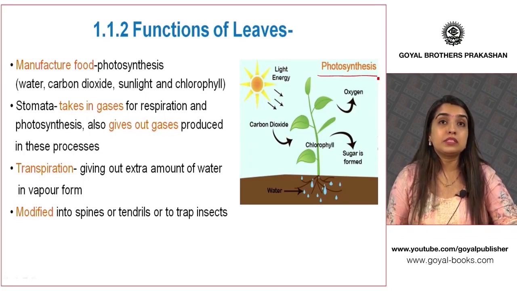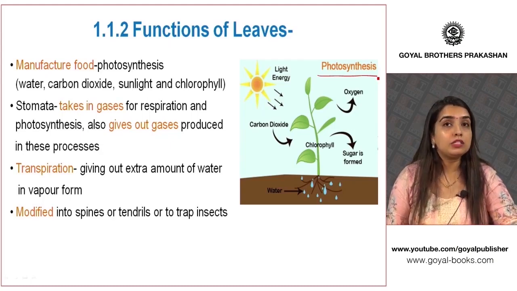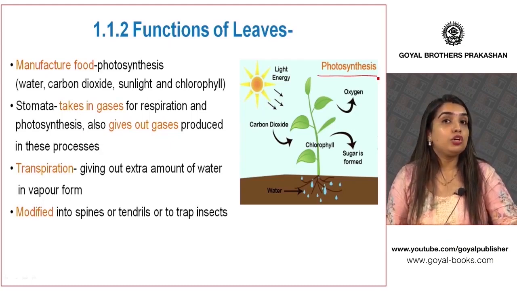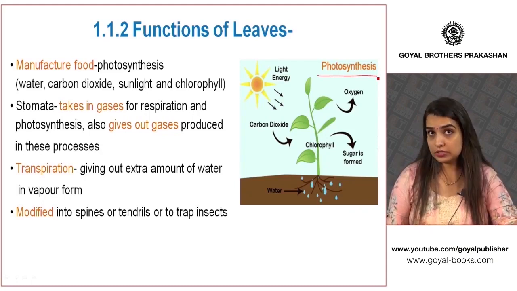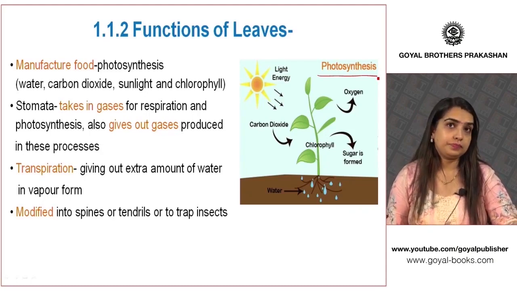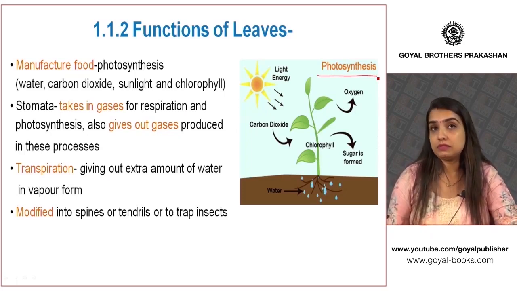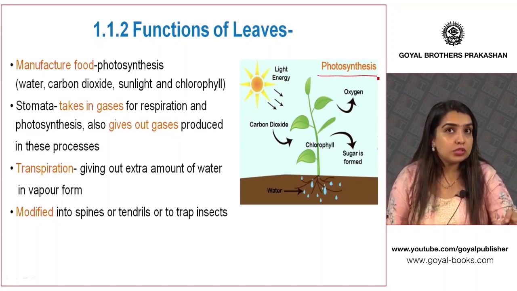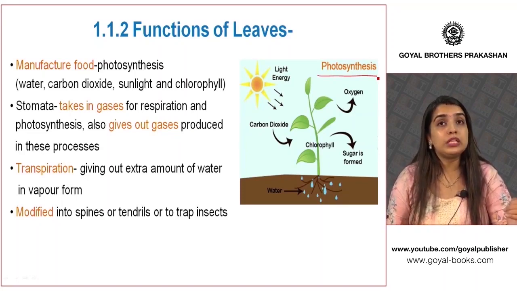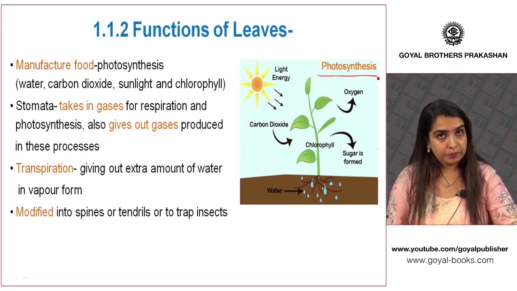When this happens, certain chemical reactions take place and food is produced for a plant for its good growth, for its healthy growth, and one of the byproducts is oxygen, oxygen that all the living creatures need for their survival. That is why we see that manufacturing food is one of the most important functions that a leaf performs.